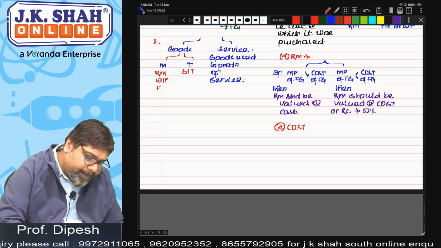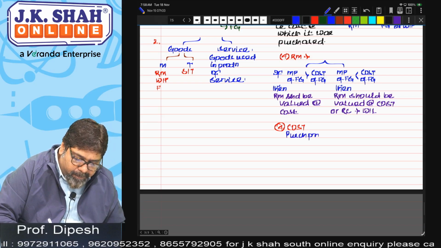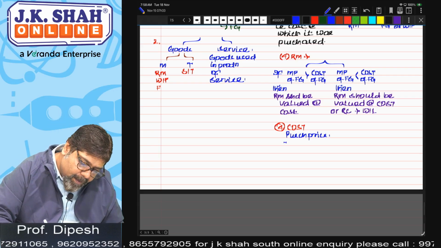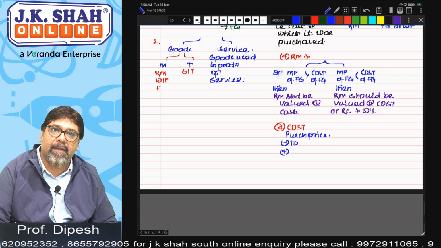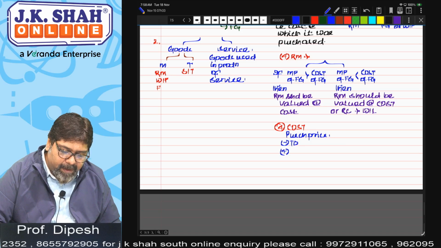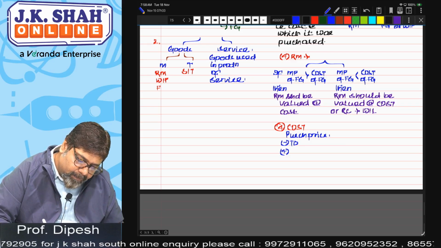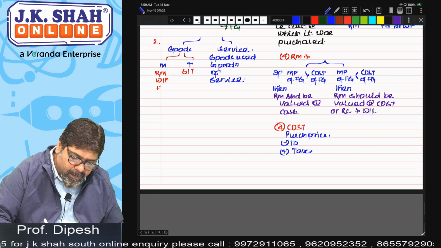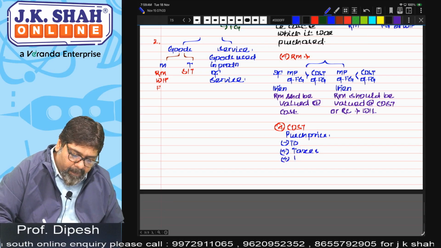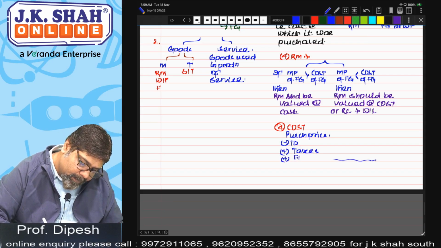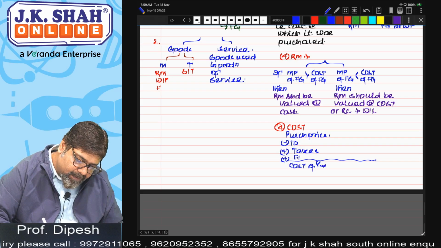Cost is basically purchase price minus trade discount plus taxes plus freight inward, that will give you cost of purchases.